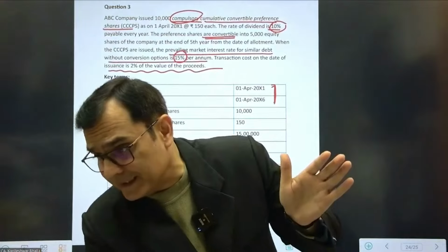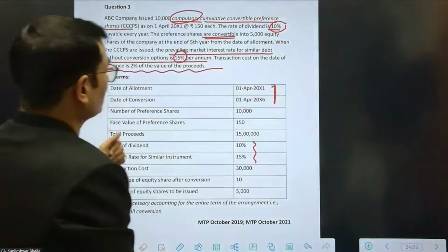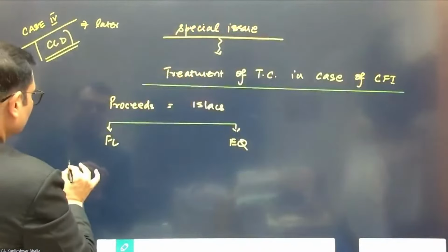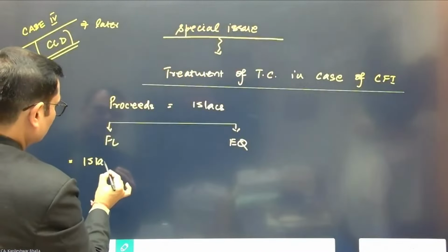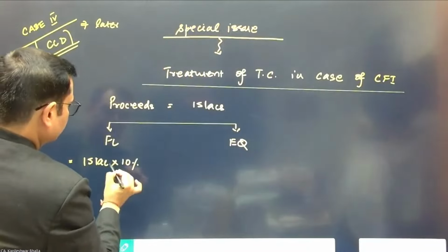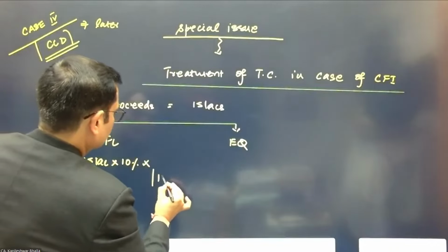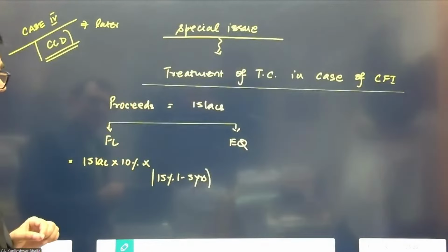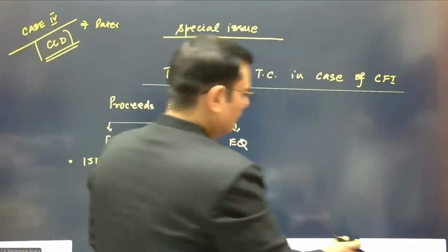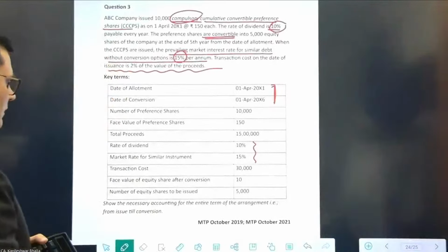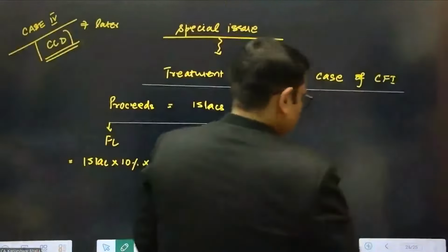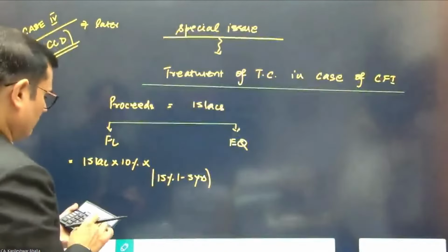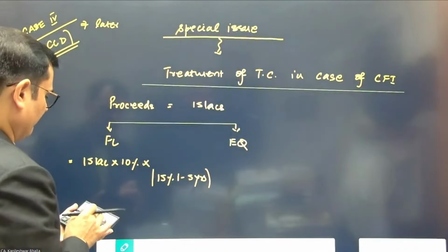That's absolutely correctly said. So let's go to the dividend. It's at the rate of 10%. So let me do the calculations. On this 15 lakhs, we're going to pay 10% dividends. And this will be discounted at the rate of 15% for a period of 5 years factor. Are we given the factors by any chance? No. So we can work this out. 15%, 1, 2, 3, 4, 5.